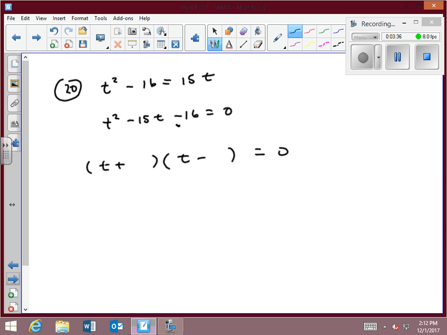Now, two numbers times itself is 16, whose difference is 15. It's 16 and 1, and the 16 has got to be negative. Okay, then you apply the principle. So T equals negative 1, T equals 16.